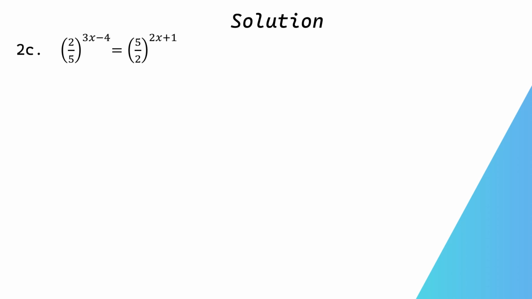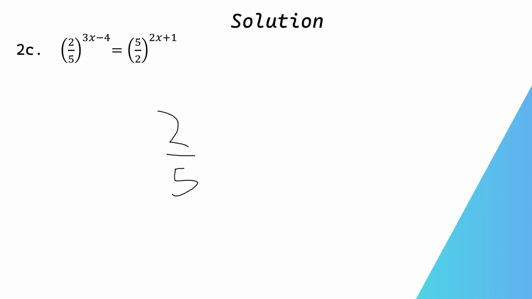Okay, so here we have (2/5) to the exponent 3x − 4 equals (5/2) to the exponent 2x + 1. I'm sure this will be one of the easiest questions among them. But how do we go about it? The one thing we should know is that 2/5 has a relationship with 5/2.